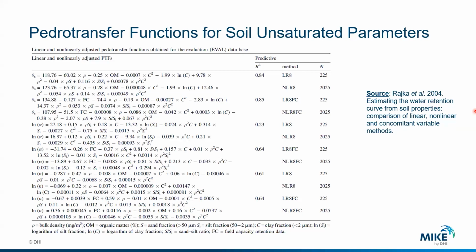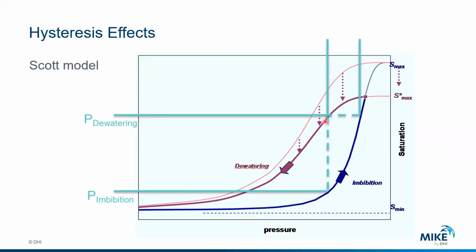There are functions depending on sand percentage, bulk density or organic matter, which are the typical parameters. These functions were derived from samples, applying statistical methods to come out with an empirical function. So there are a few ways to get this data.